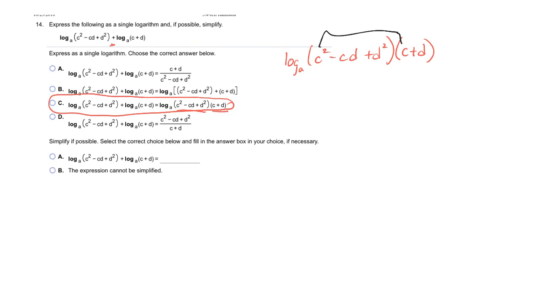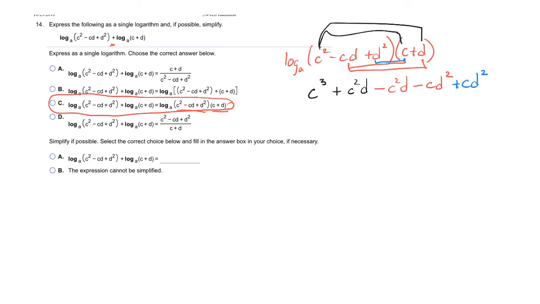So this times this is c cubed, this times this plus c squared d, and then this one times this one would be a minus c squared d, and this one times this one would be a minus cd squared, and then d squared times that will be a plus cd squared.